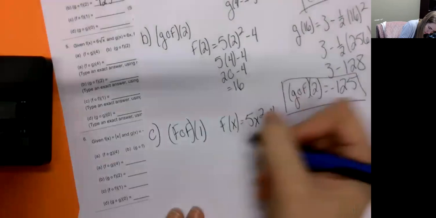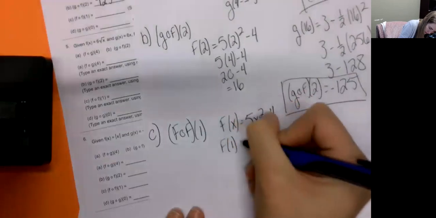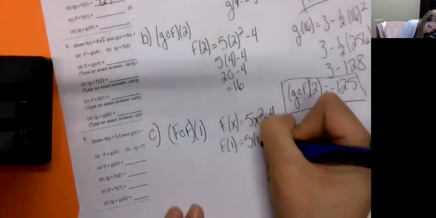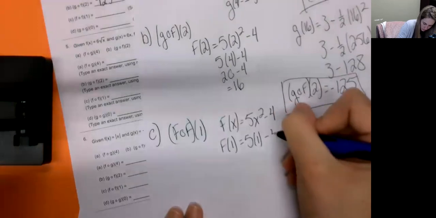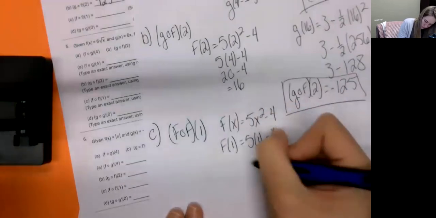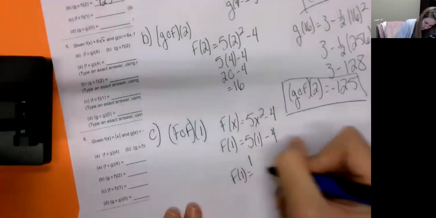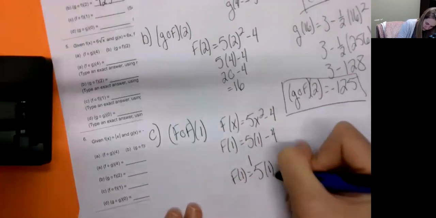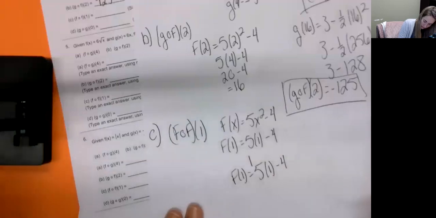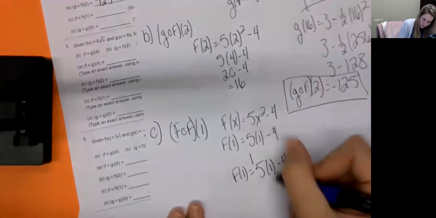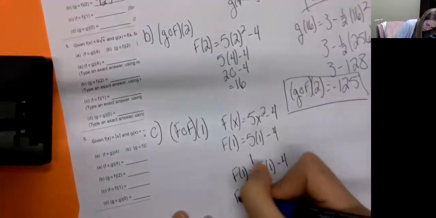So we substitute 1 into that. 5 times 1, because 1 squared is 1, subtract 4. 5 subtract 4 would be 1. And then we technically do that again, but we just saw what happens. 5 times 1 is 5, subtract 4 is 1.